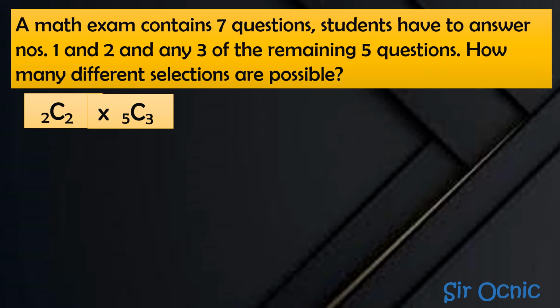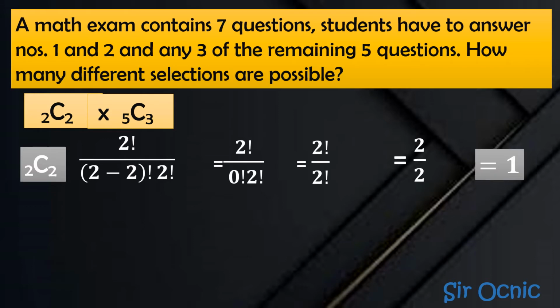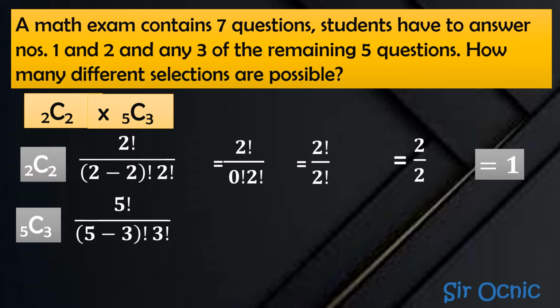So that will be equal to 2C2 is equal to 2 factorial all over 2 minus 2 factorial times 2 factorial, which is equal to 2 factorial all over 0 factorial times 2 factorial, which is equal to 1. Let us now simplify combination of 5 taken 3 at a time. Using the formula, we will have 5 factorial all over quantity 5 minus 3 factorial times 3 factorial, or simply 5 factorial all over 2 factorial times 3 factorial.